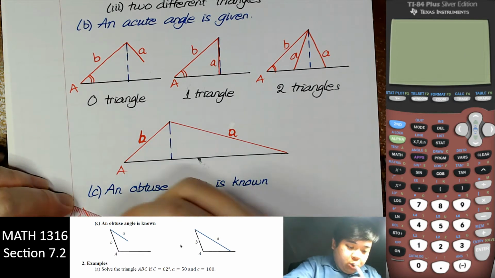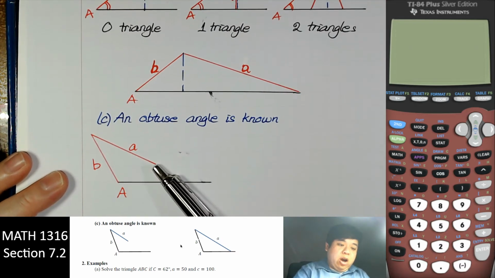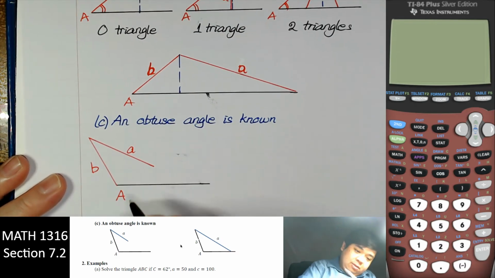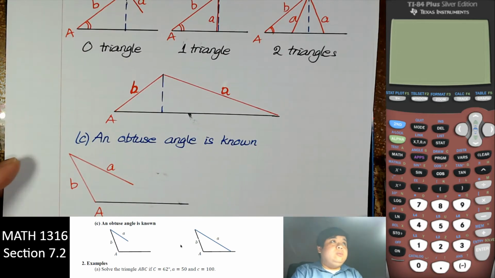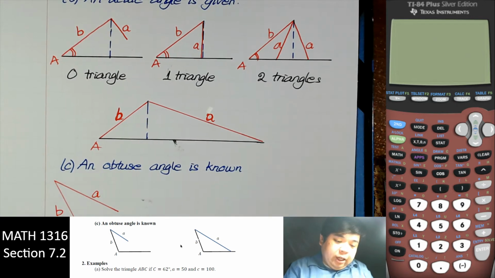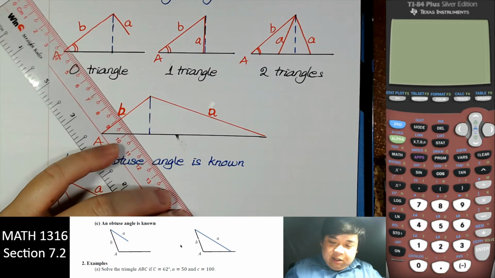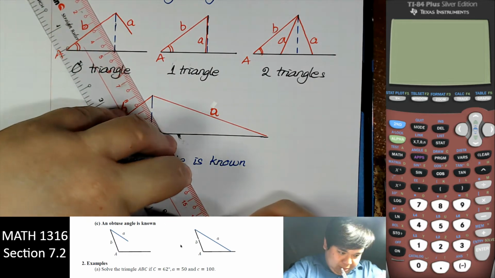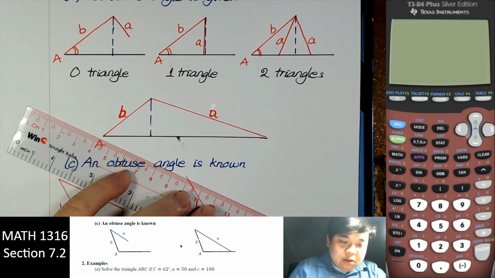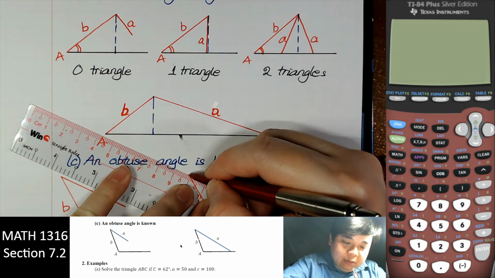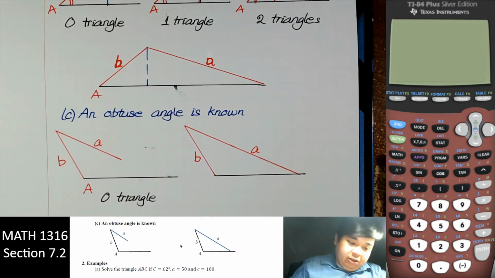But if side A is too short, once again, it will not form a triangle. If it is long enough, we will have a triangle.